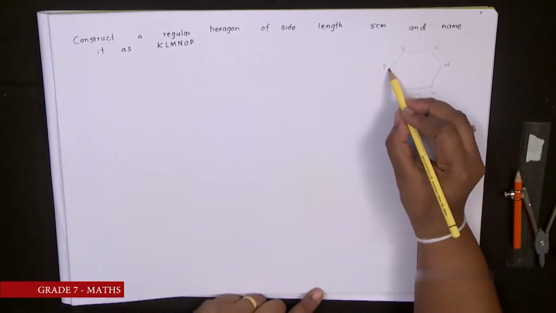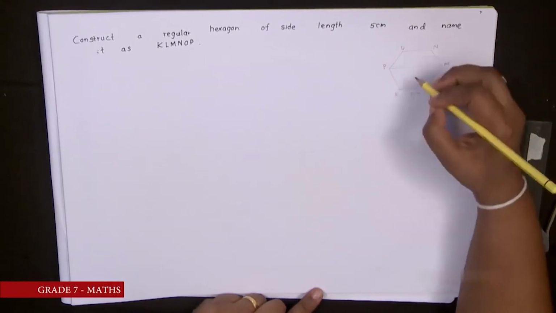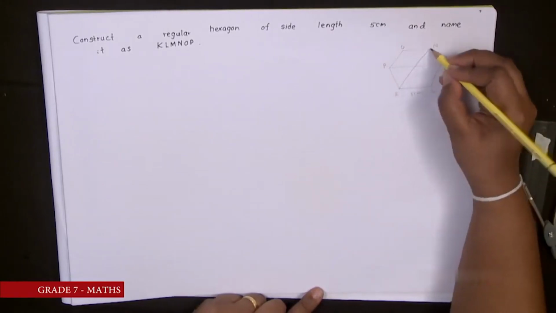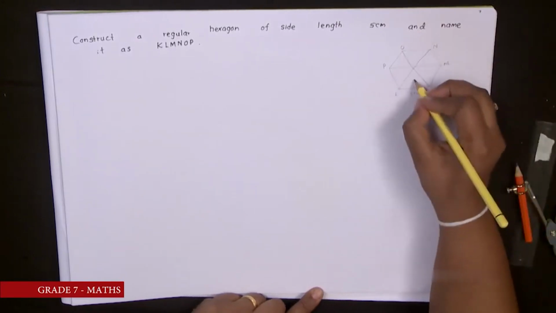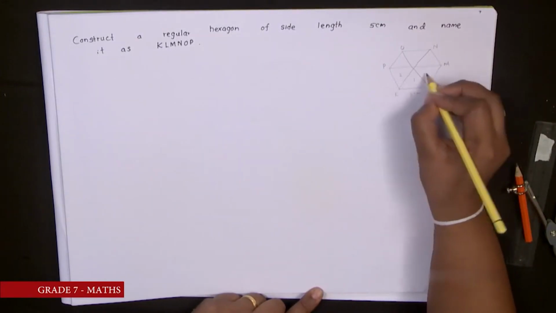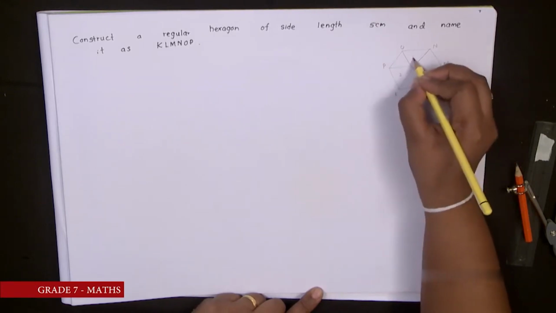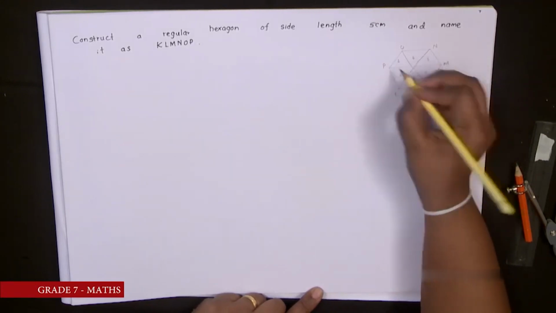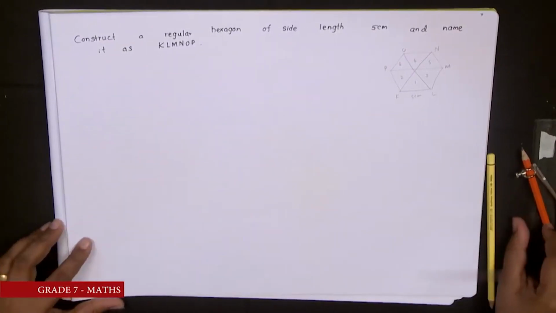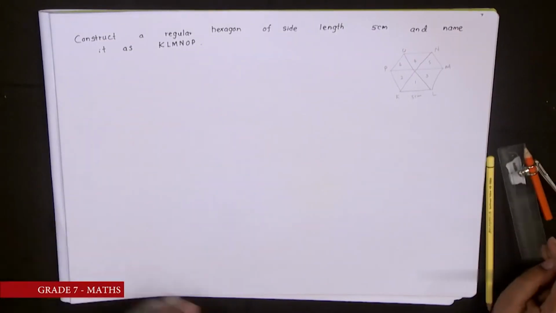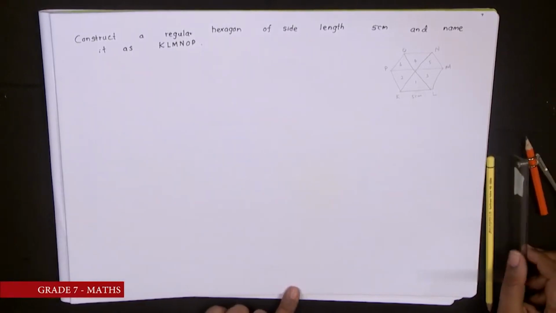So, how to draw equilateral triangles? I can divide it into 6 equilateral triangles. Here I have got triangle 1, 2, 3, 4, 5, 6. I have named it in a different way. Right. So, first of all, I am going to construct the first triangle.